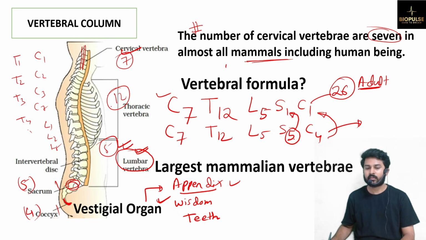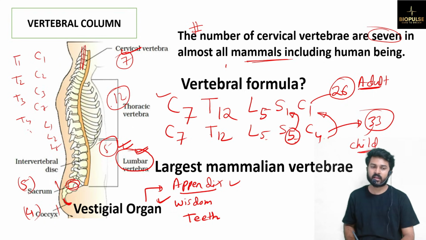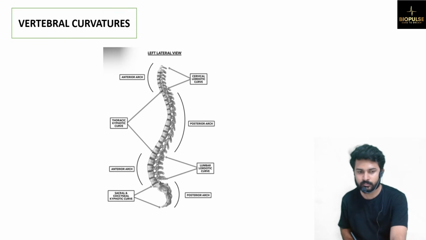You add 4 here and 3 here. 26 plus, see, 12 plus 7 is 19, plus 5 is 24, plus 5 is 29, plus 4 is 33. So in a child, how many vertebrae are present? 33. This is clear about the vertebral column.